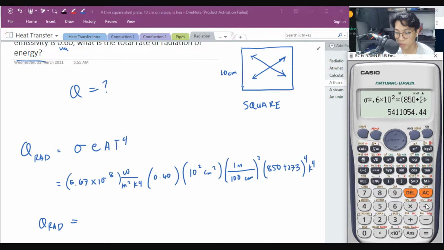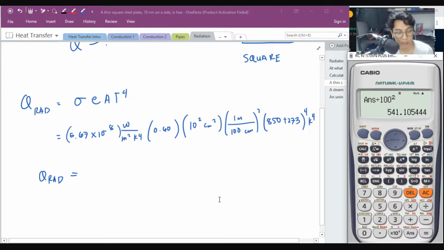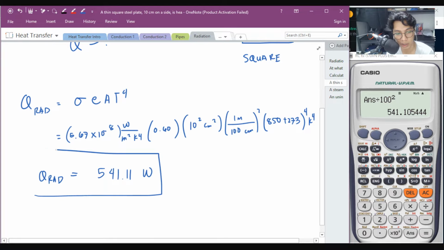We forgot something: we divide by 100 squared. So, the radiative power will be 541.11 watts. That is for number 3.